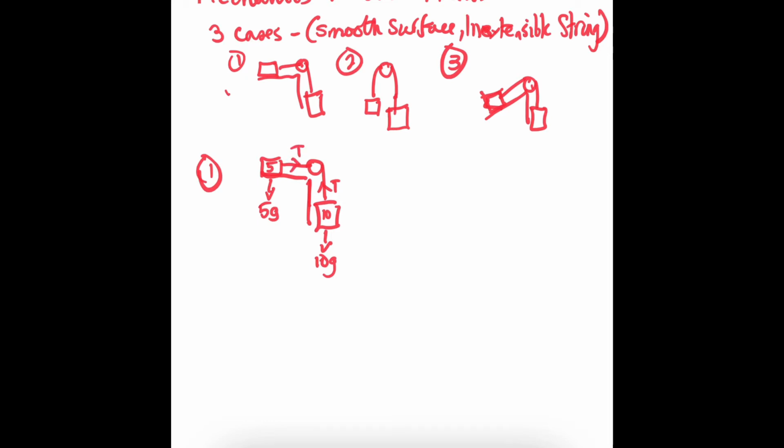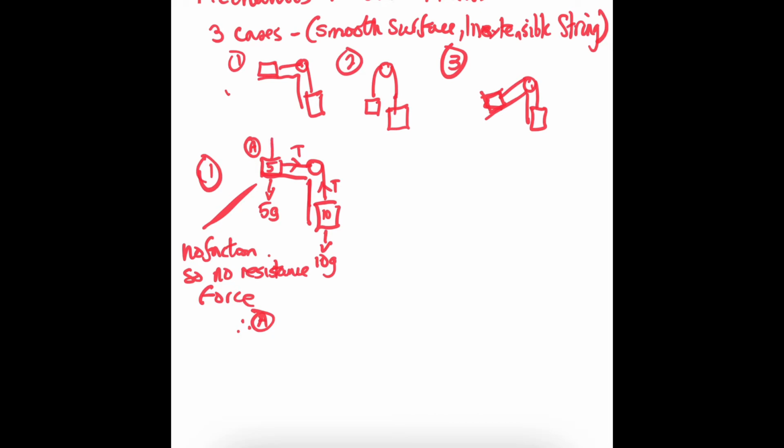On the string there's an opposite tension force, which you put in as T. And there is no friction on the surface, so no resistance force, nothing acting in the opposite direction to the movement of that 5 kg object.